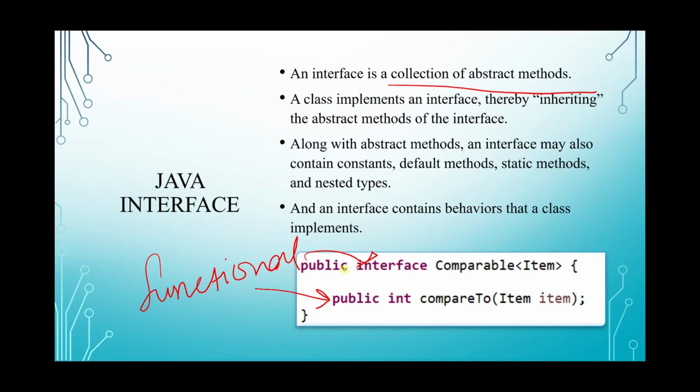Keep that question in mind. That question is going to be answered when we get to abstract classes. Along with abstract methods, an interface may also contain constants, default methods, static methods, and nested types.